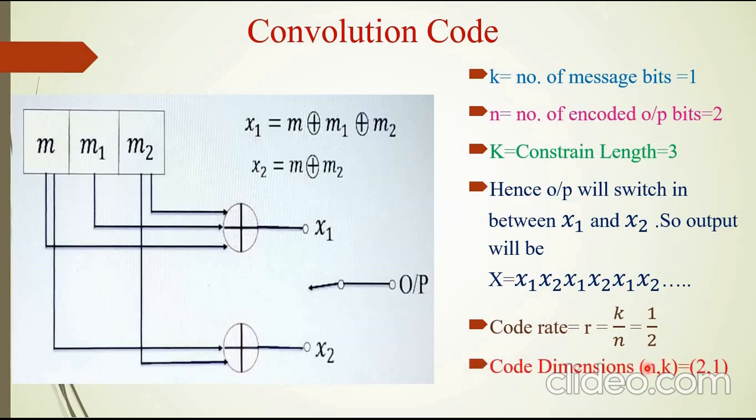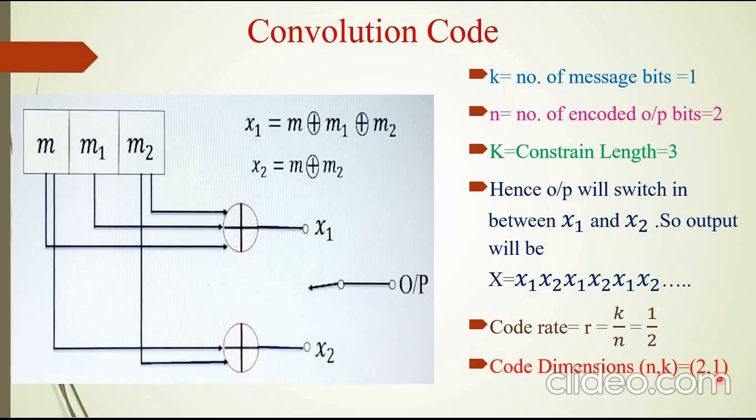As I have told you, constraint length K is based on the number of shift registers. So in short, the number of shift registers equals the constraint length. The code dimension is represented by (N, K), where N is the number of output encoded bits and K is the number of message bits.